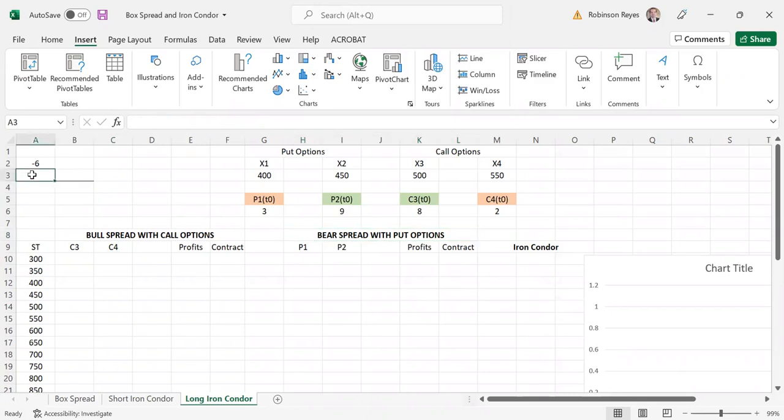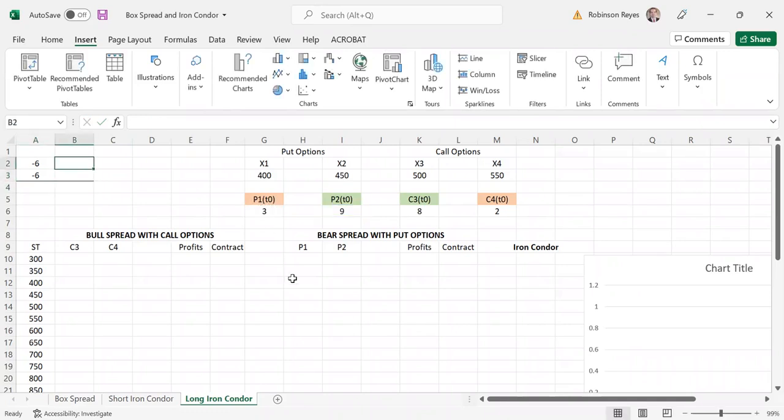In the bear spread, we're buying the high strike and selling the low strike. So let's buy the high strike put, which is the put option that has the higher premium, and then we're going to sell the put option with the low strike, which is the one with these $3, right?